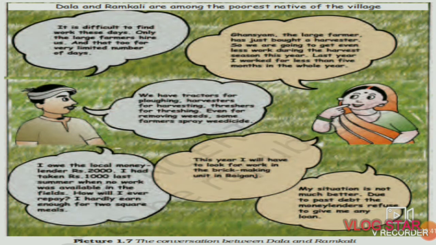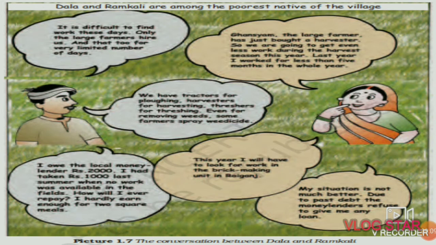So here Dala says that I have taken a loan of 1000 and I have to repay 2000. I took the loan because I was not earning enough money. He does not have enough money even to feed himself. Imagine the situation of how he will repay his 2000 rupees.